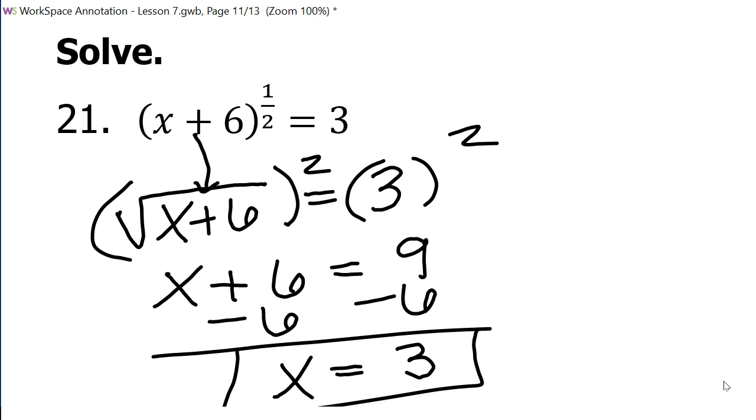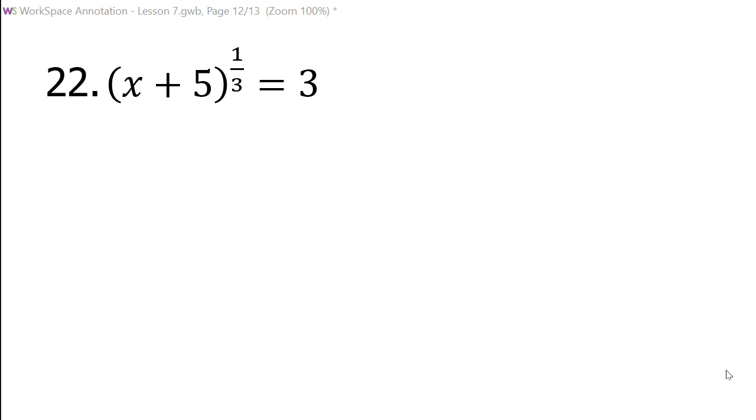Okay, 22. X plus 5 in the parentheses is raised to the 1/3 power. It equals 3. Again, if you see a rational exponent, what should you do?